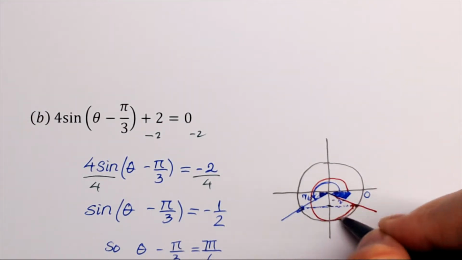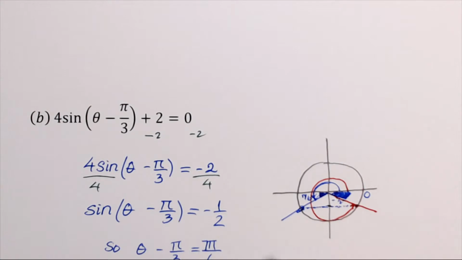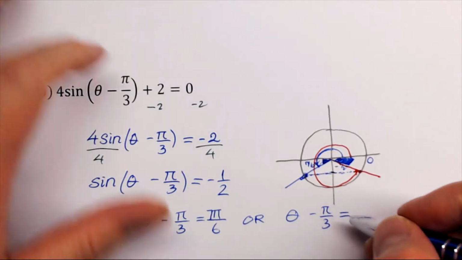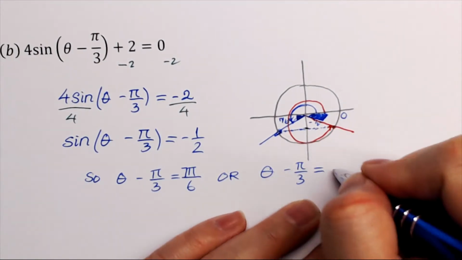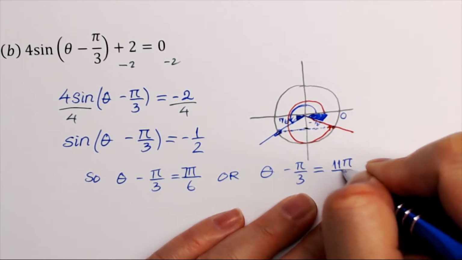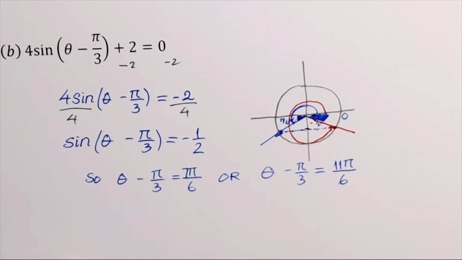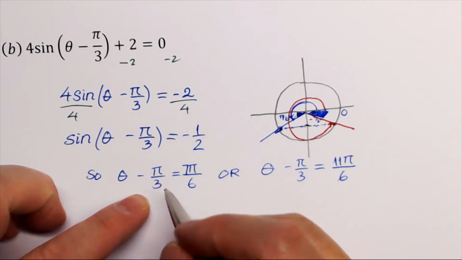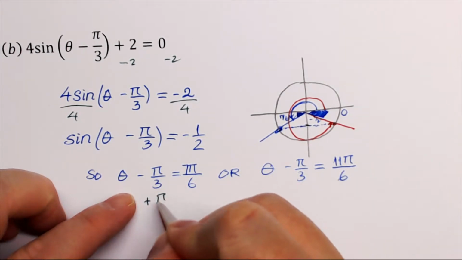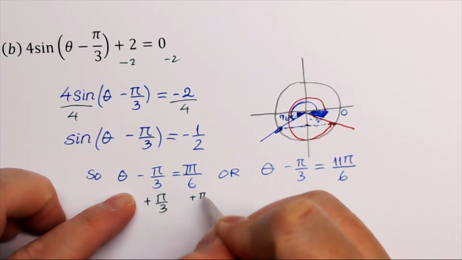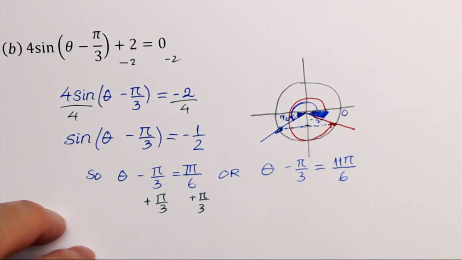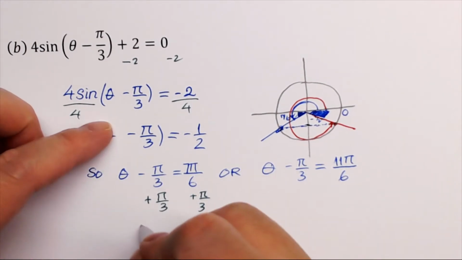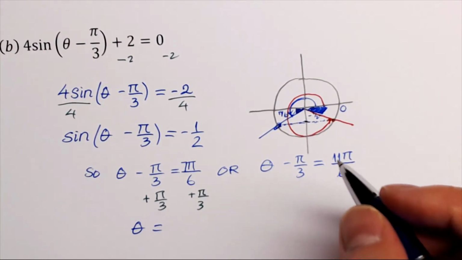So we say all theta could be equal to 2 pi, the whole revolution, minus the pi over 6. And that gives us 12 pi over 6 minus 1, so it will be 11 pi over 6. And those are the two solutions within 0 and 2 pi.